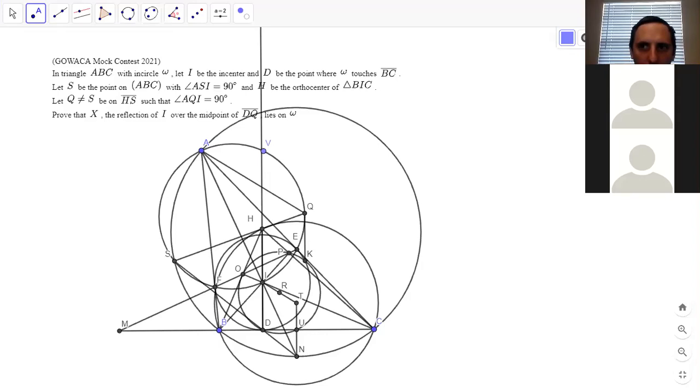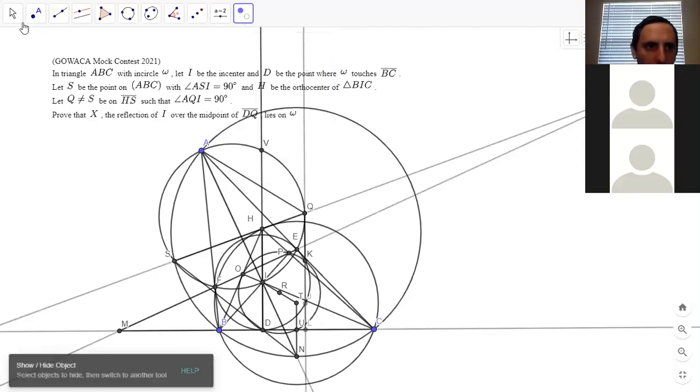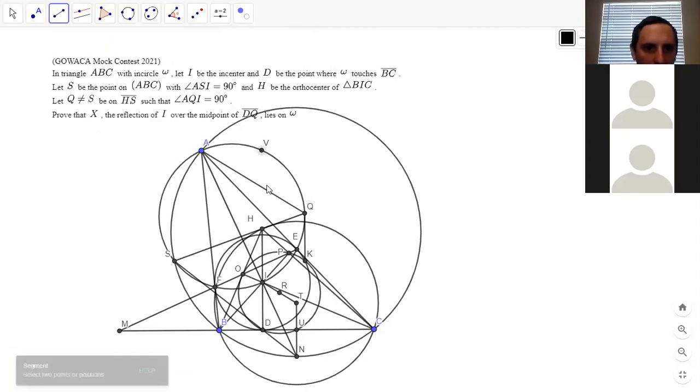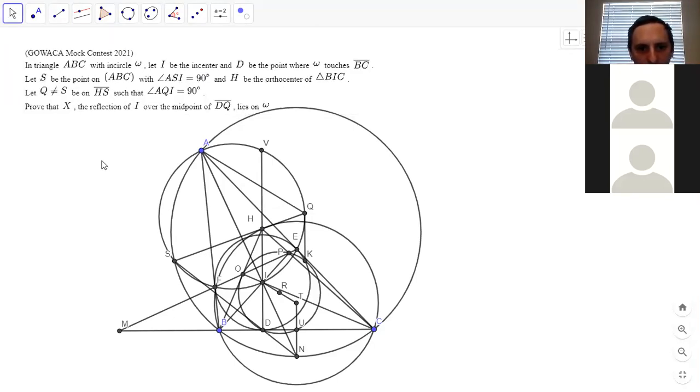There we go. We know that DK is perpendicular to IT. I think that would solve the problem if we knew that.